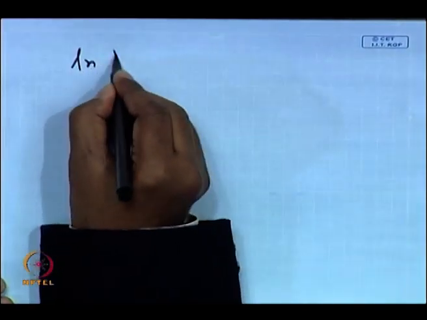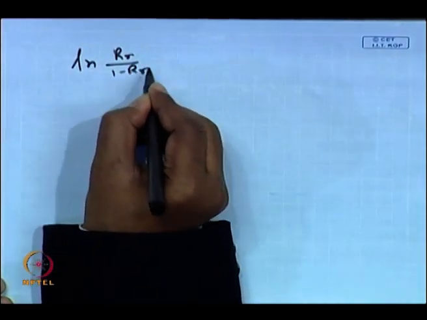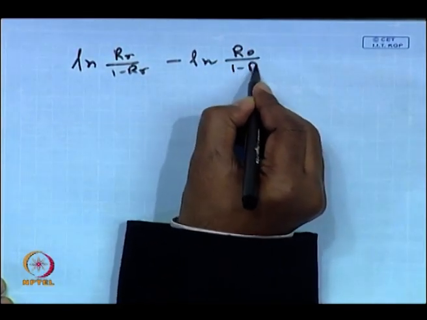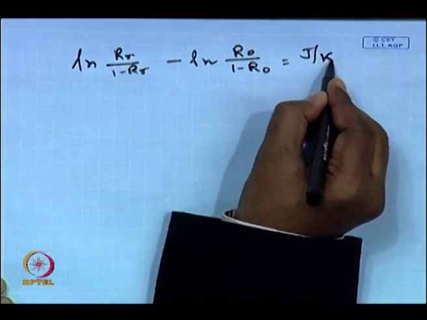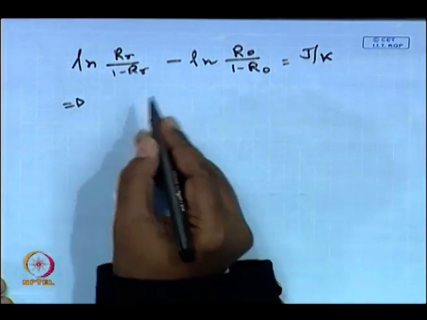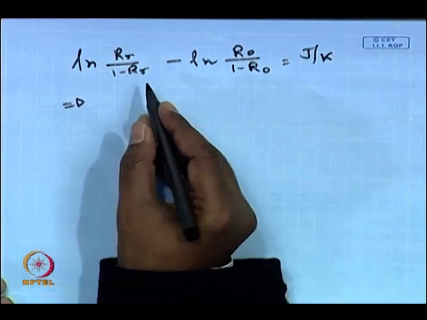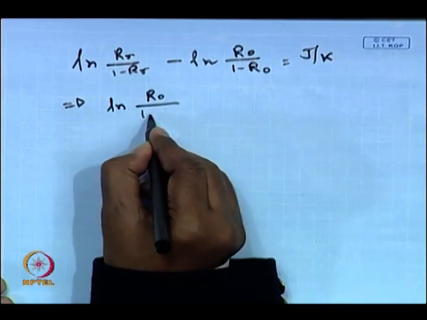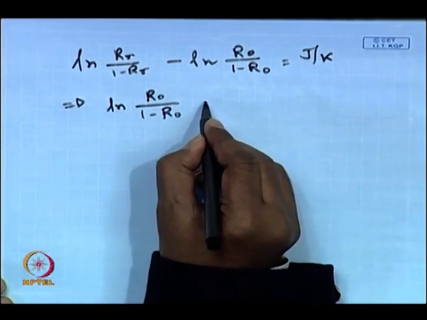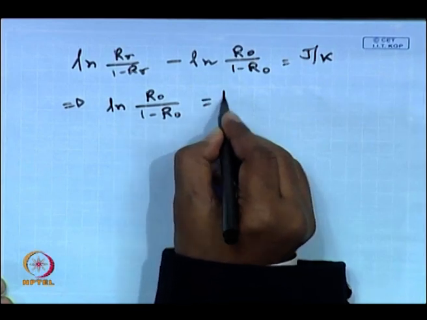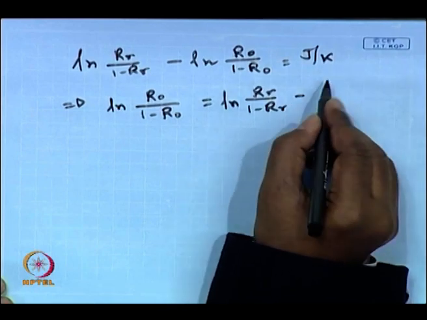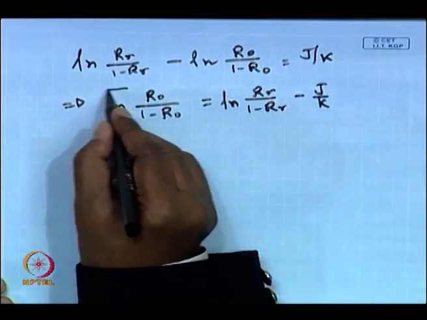So, taking logarithm of both sides, it will be ln of Rr divided by 1 minus Rr minus ln of Ro divided by 1 minus Ro is equal to j by k. So, ln of Ro divided by 1 minus Ro will be nothing but ln of Rr divided by 1 minus Rr minus j by k.